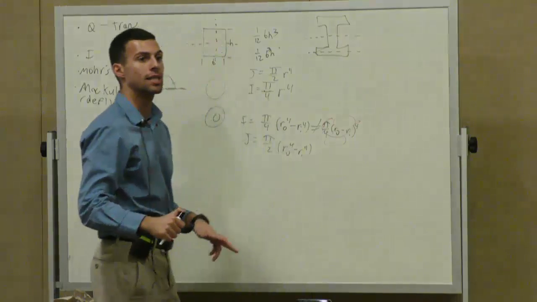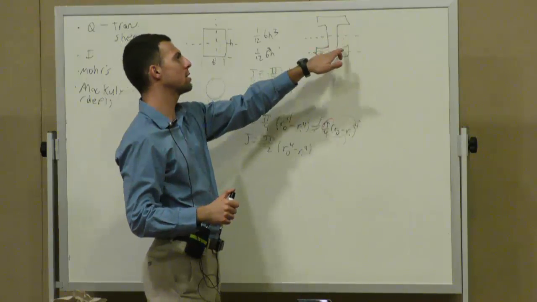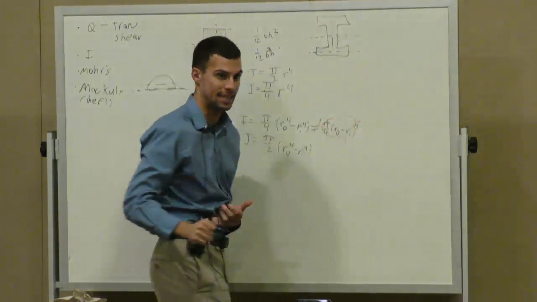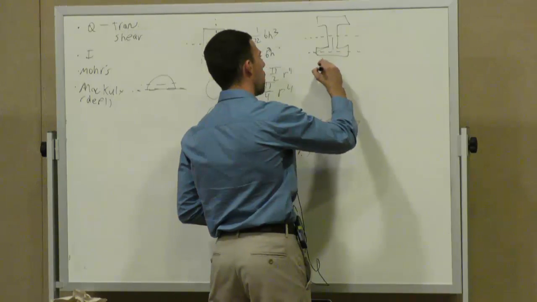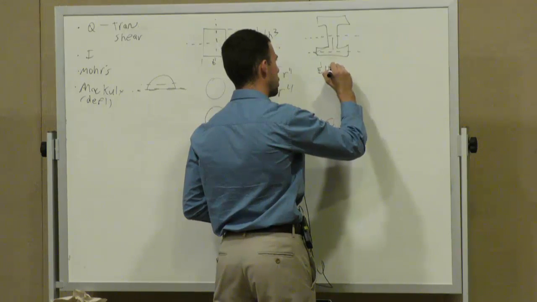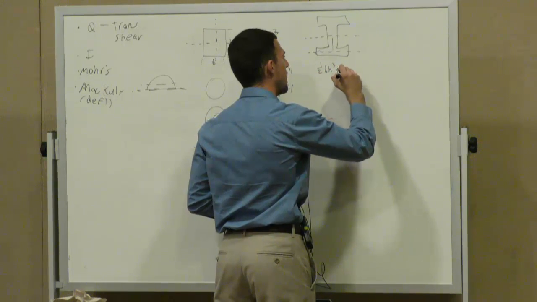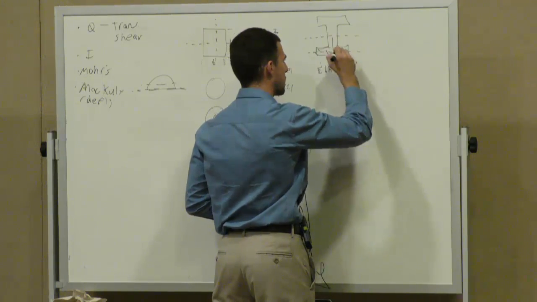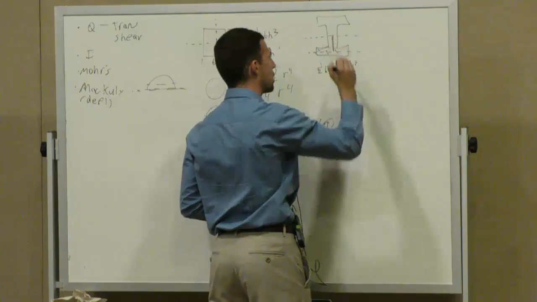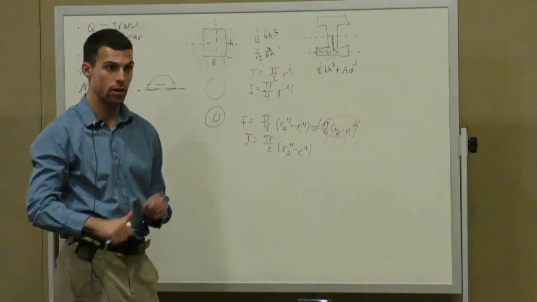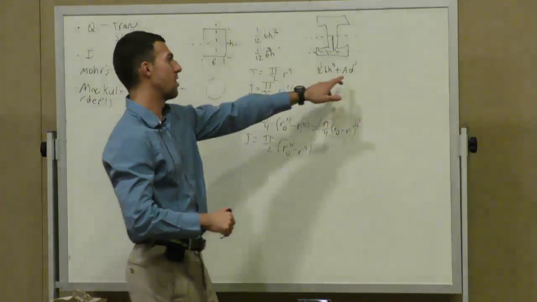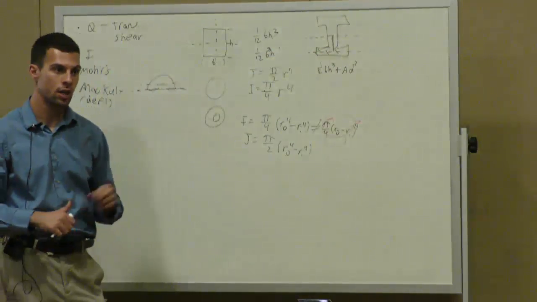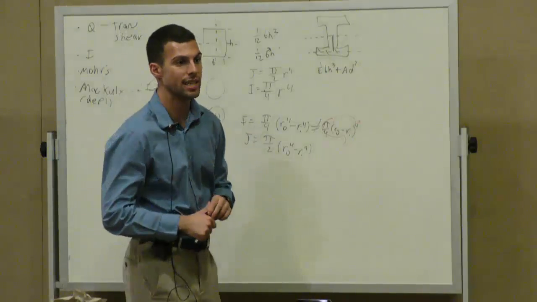In order to establish his moment of inertia about the overall neutral axis, you have to do parallel axis theorem, which in this case takes the form 1/12 bh cubed plus the area of this guy times the centroidal distance squared. Again, this distance is from the neutral axis to the centroid of the shape making up the composite.